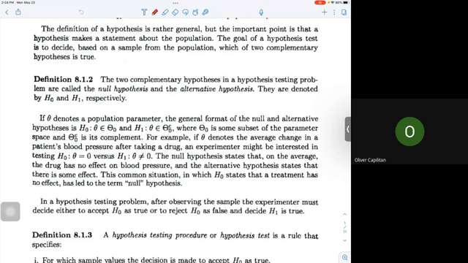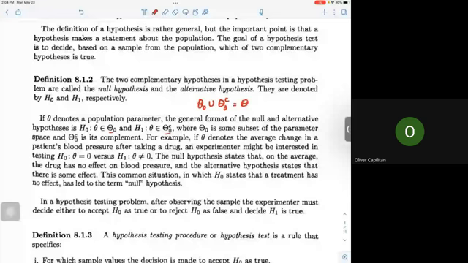If we take the union of the null parameter space and the alternative parameter space, then we have the entire parameter space.